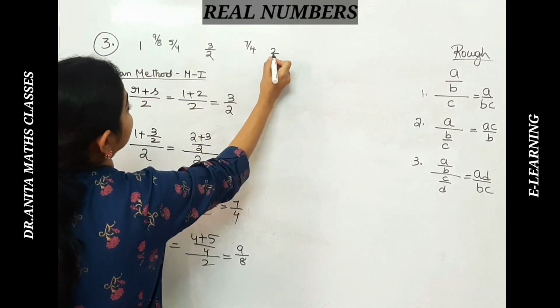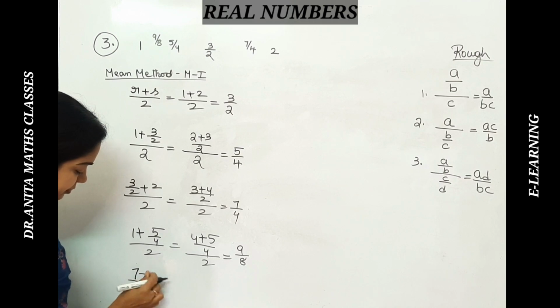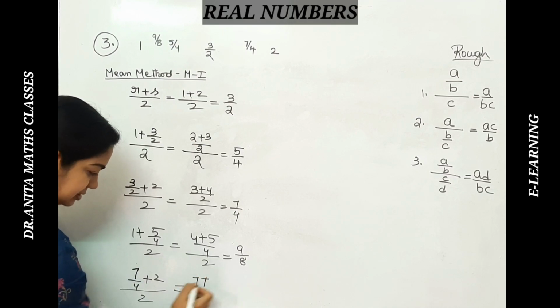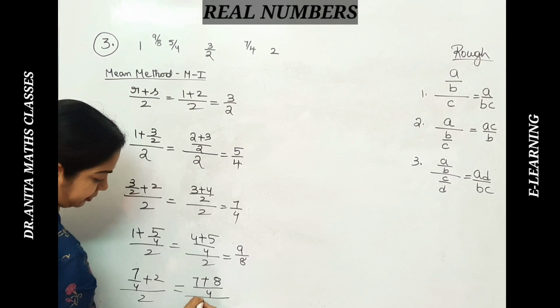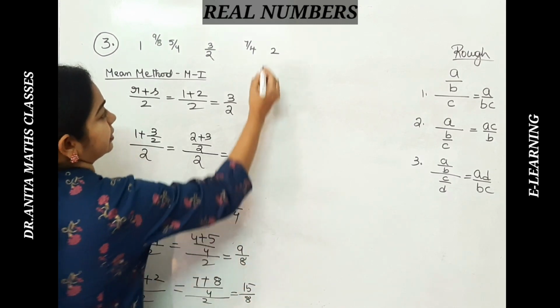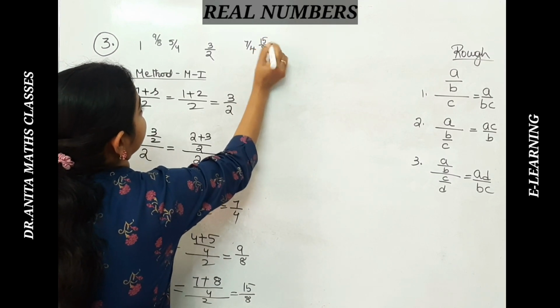And between these two I'll find out: 7 by 4 plus 2 by 2, so that becomes 7 plus 8, taking the LCM 4, by 2. That becomes 15 by 8. So in between these two I got 15 by 8.